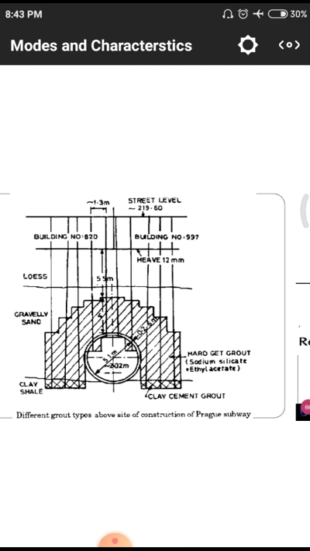Here also we have to observe the tunnel, on the surroundings of the tunnel we are constructing this grouting mechanism. It is simply a clay cement grout. Normally in cement we are utilizing sand, but they are using cement with clay, and they are grouting it on the periphery of this particular tunnel.